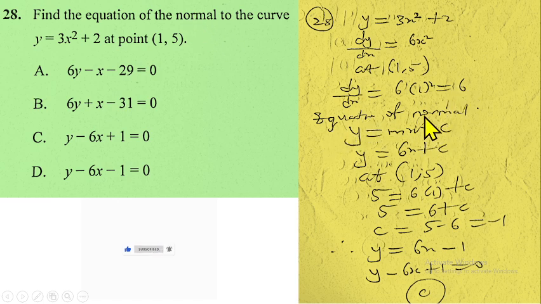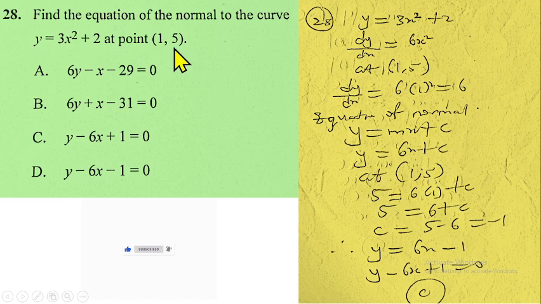Technically, the equation of the normal should give us a linear equation which follows the template y equals mx plus c, where m is the gradient. If you put m as 6, you have y equals 6x plus c.